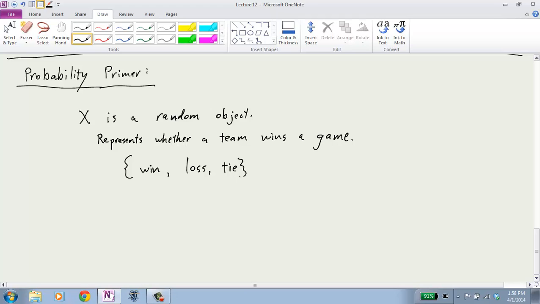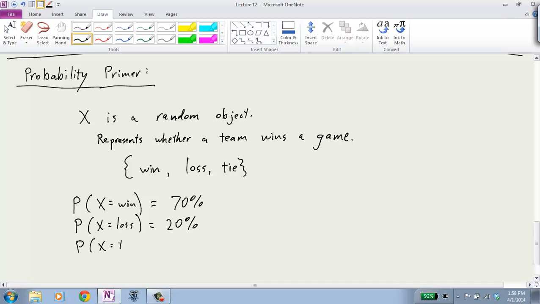So there's some distribution, probability that X equals win, and maybe, for example, I'll suppose I know the distribution, that this equals 70%. And the probability that X equals a loss is going to be, let's say, 20%. And probability that X is a tie is 10%.